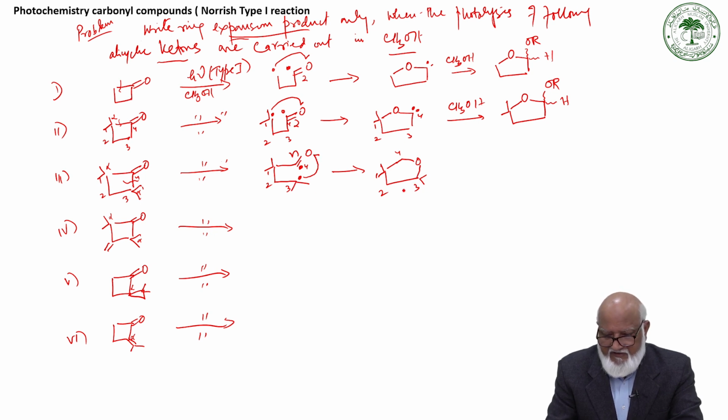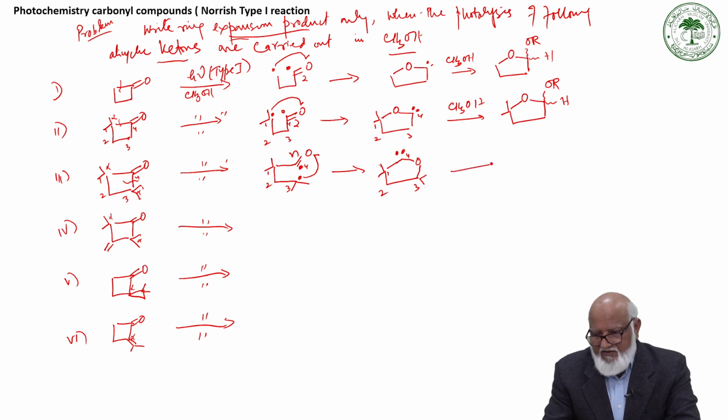Then we just connect this 1, 2, 3, oxygen and 4. So we have a dimethyl on the third carbon, another dimethyl at the first carbon, and on the fourth carbon we have a ketene. This is your fourth carbon. Now, in the presence of methanol, let's write it the same way as we have written before.